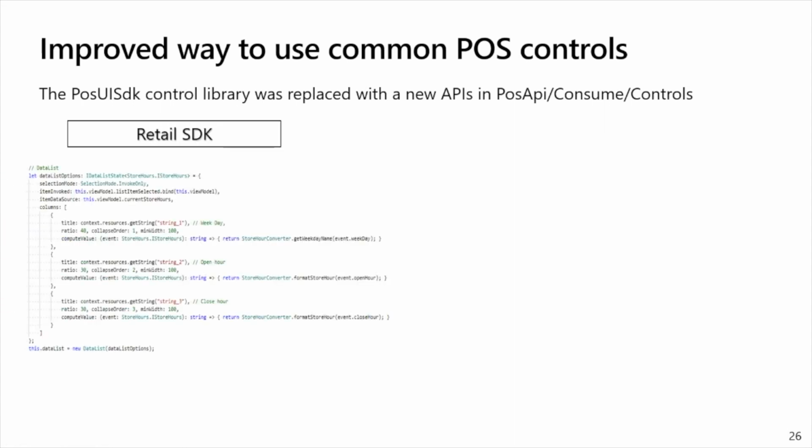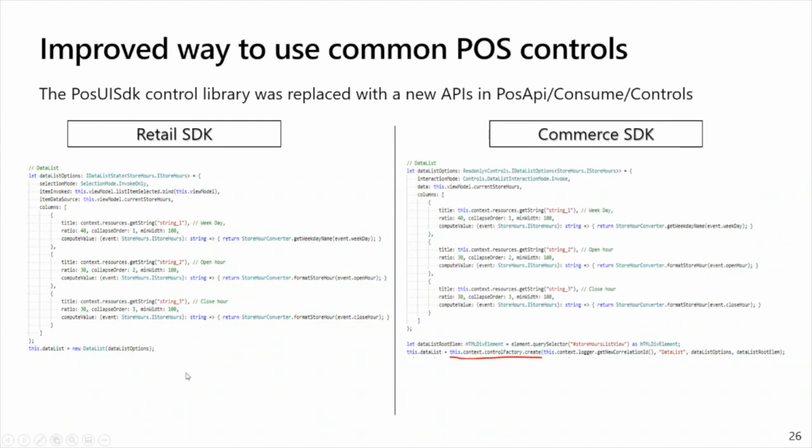On the left here, we can see the code from our store hours sample using the POS UI SDK, the old approach, and how it would create a data list. And then on the right here, we can see the code in the Commerce SDK.